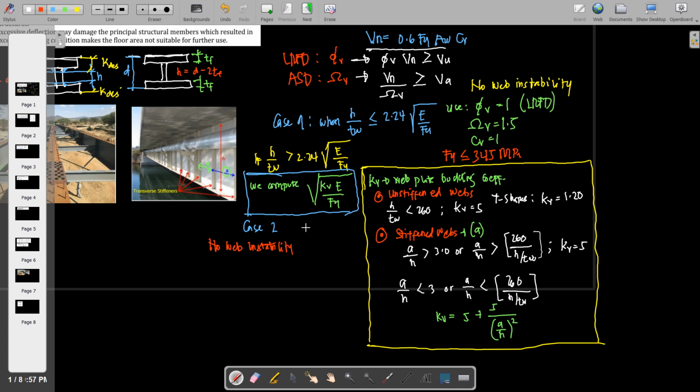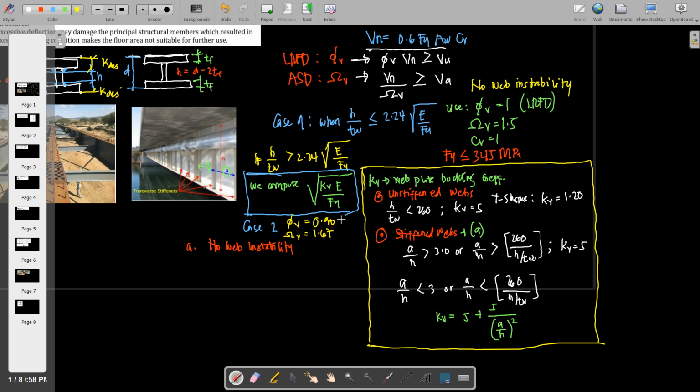So this is letter A. By the way, in case 2, for all, in AISC, phi is equal to 0.9 and omega on shear is 1.67.